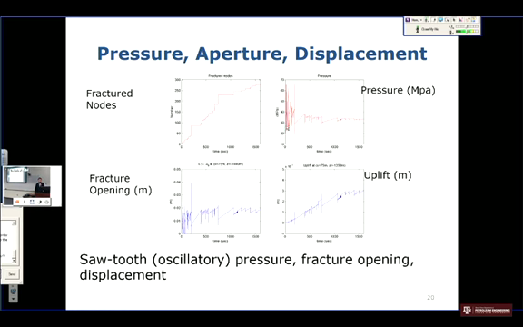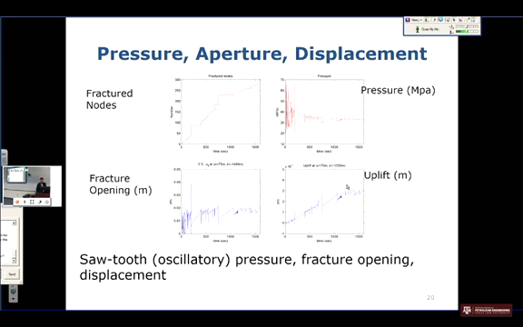At early time, we have a severe oscillation due to the small volume of the fracture, and this pressure drop occurs whenever we face a failure. But at late time, we don't see a severe oscillation because of the larger fracture volume. Fracture opening has the same behavior, and also we have uplift due to the water injection and reservoir dilation.